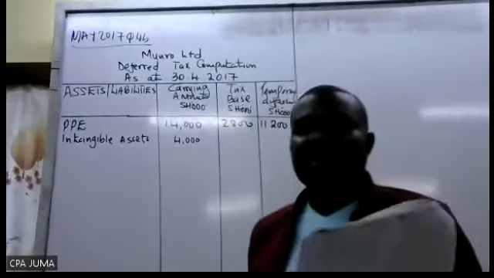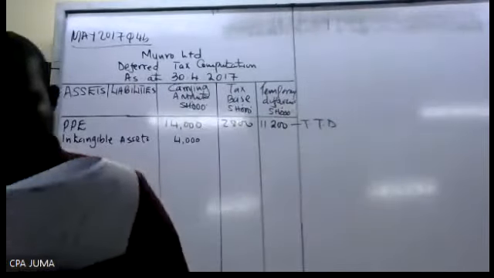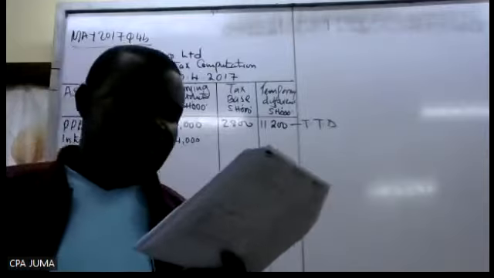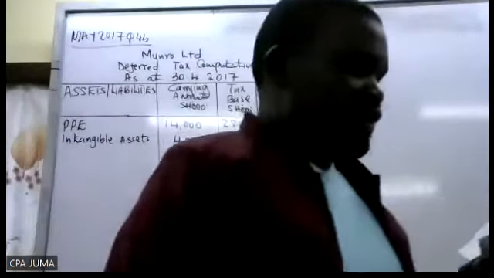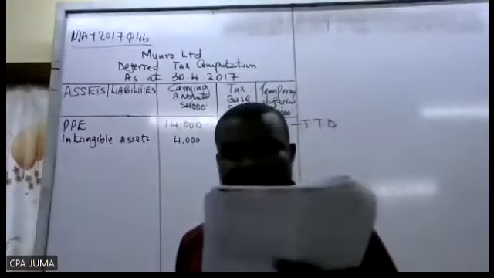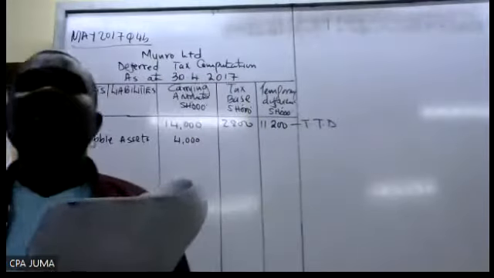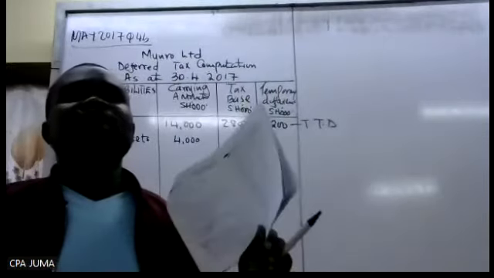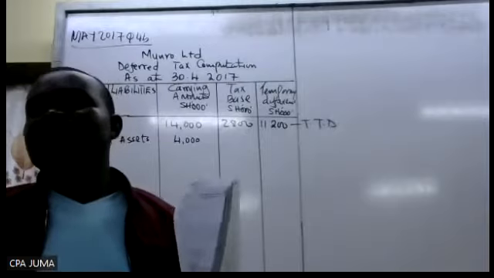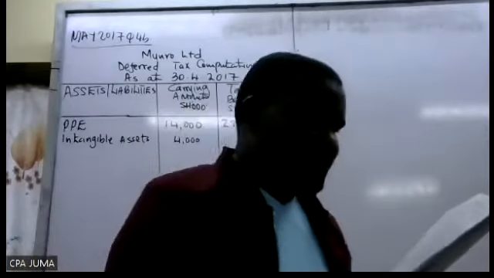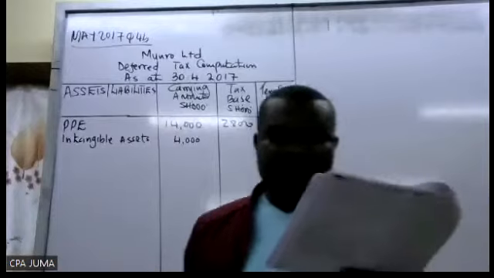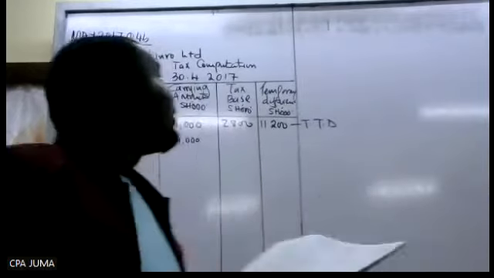Which note? Note number 3. Check additional information number 3. The intangible assets comprise development costs, which are tax deductible when the amount is paid out. So when they pay, it becomes deductible, which means it's allowed for tax purposes. The cost of the intangible asset was paid in 2014. This is which year?